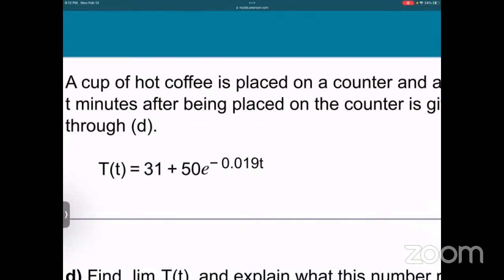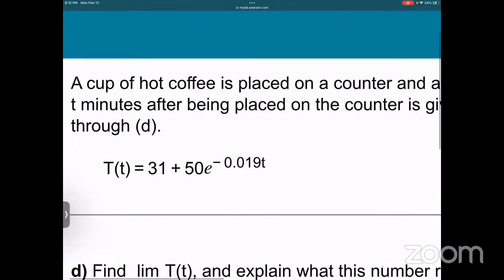If we have 50 divided by a really, really big number, then that term goes to 0. So the bigger that denominator gets, that second term goes to 0. So as you go further and further to the far right, the y value is going to approach, in this case, 31, because that second term essentially goes to 0.